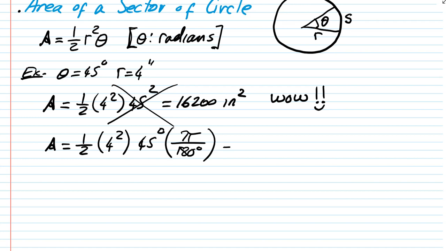Otherwise, you cannot use that formula. Very simple. And when you work this, we get 4 squared is 16, 16 halves, 8. That's 4 times pi over 4, and 8 times pi over 4 is 2 pi. 16 by 8 is 2, and now the answer is very sensible. 2 pi square inches.